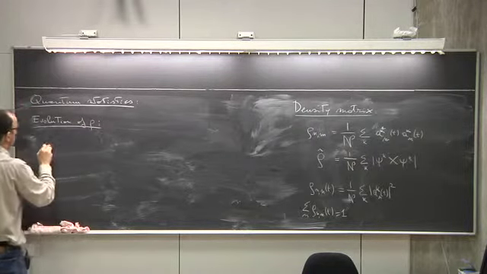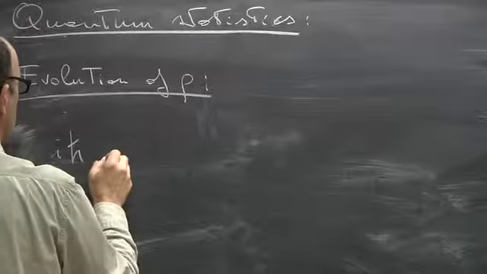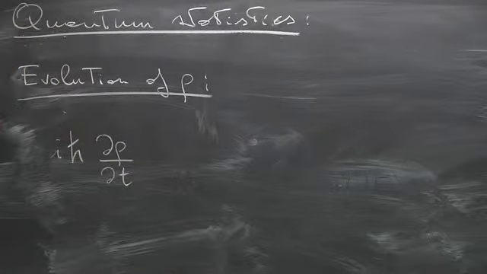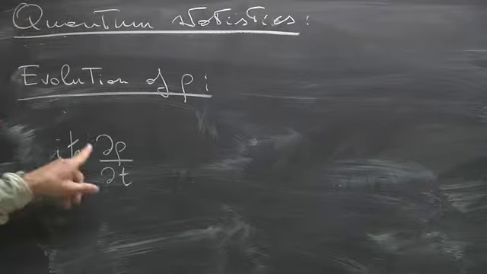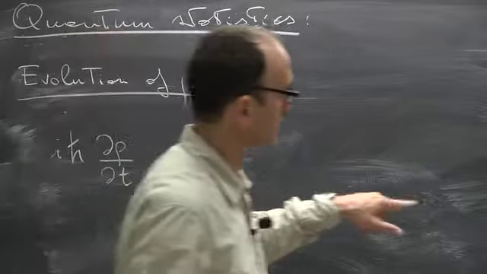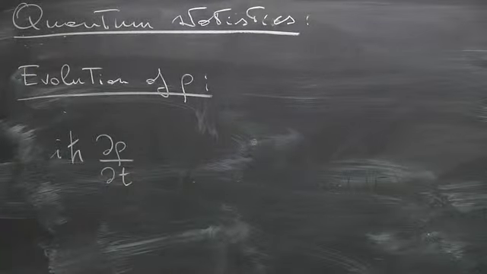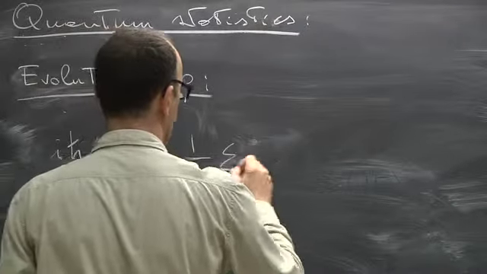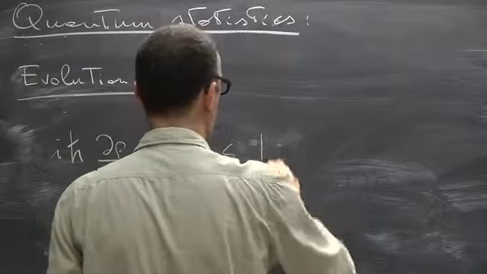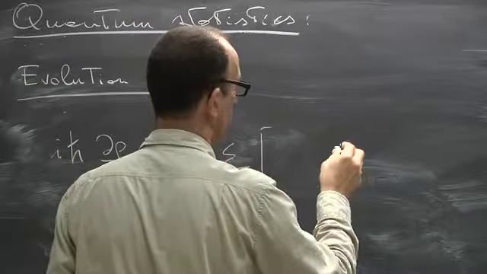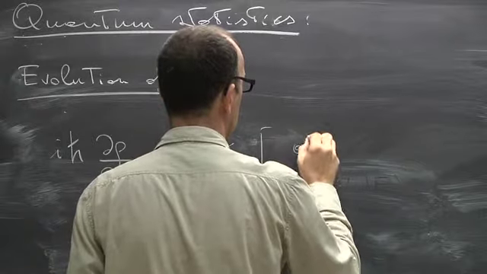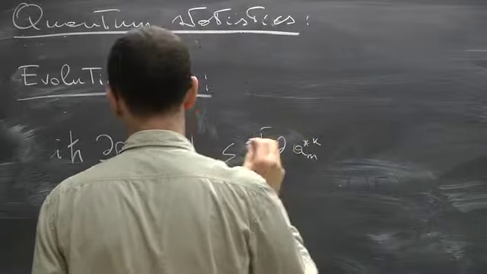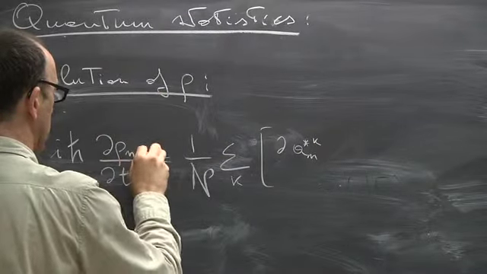If I take i h bar times d rho dt, then I have 1 over N, the sum over all the copies, and then I have two terms. Let's do it for matrix element n m.